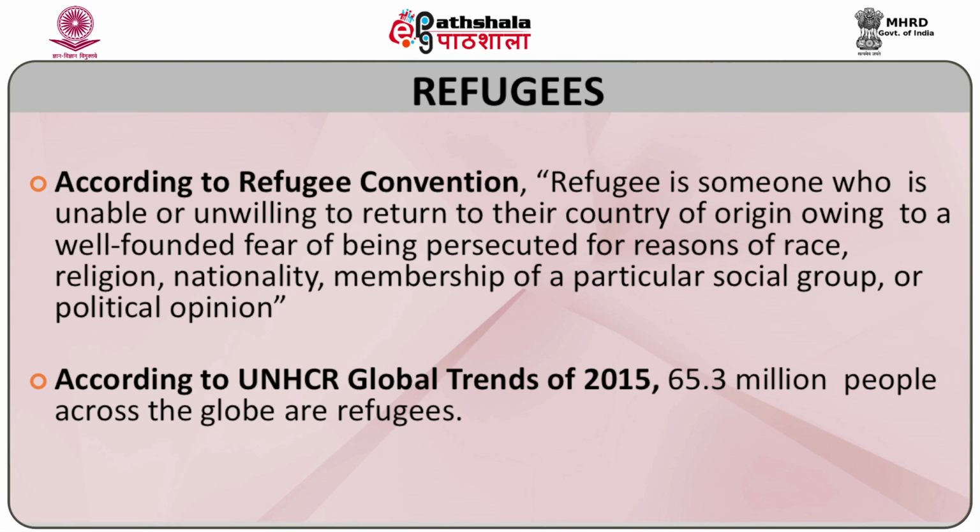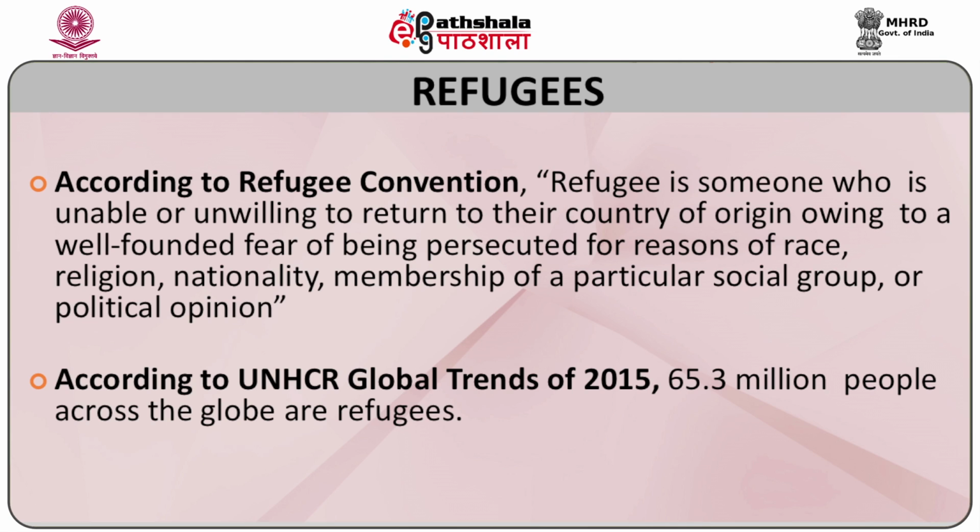According to this particular convention, the definition of refugee is someone who is unable or unwilling to return to their country of origin, owing to a well-founded fear of being persecuted for reasons of race, religion, nationality, membership of a particular social group or political opinion.